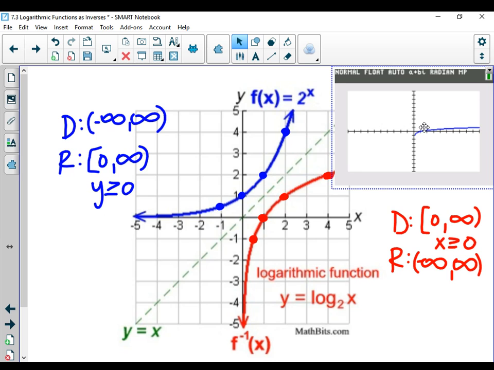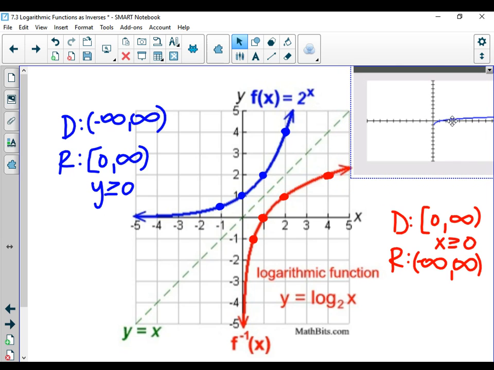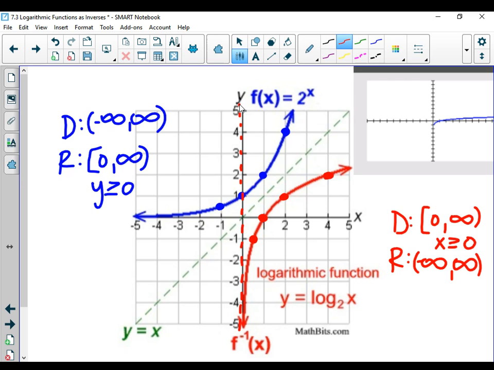And those of you at home, that's what I'm referencing. Okay. So not to try to add too many extra lines and dots on here. When we are looking at the exponential function, we had a horizontal asymptote. But if we're reflecting across y equals x, we have a vertical asymptote.